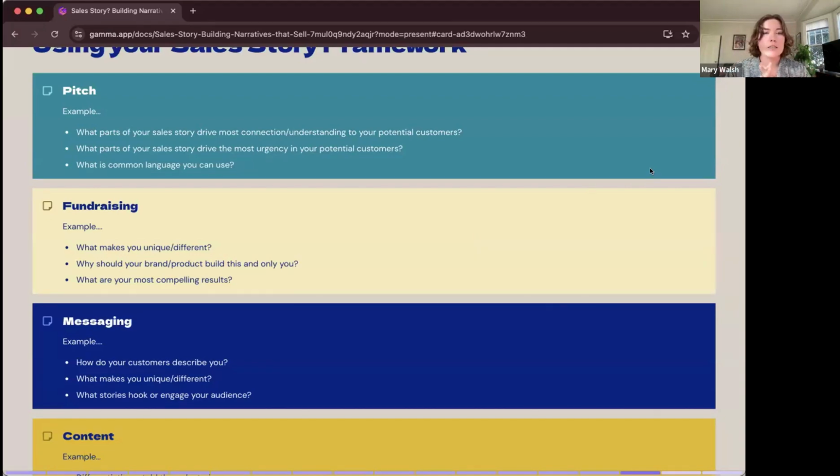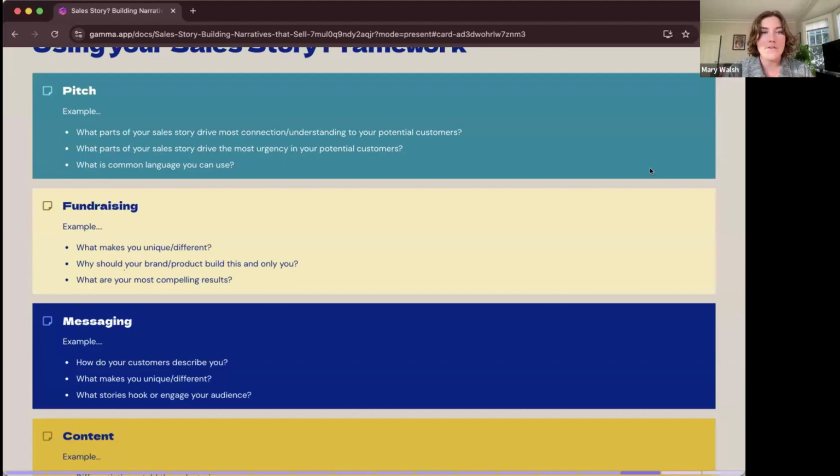When I think about translating a story into a pitch, there are a couple of things that are going to be really important. Establishing connection and understanding with your customers: what stories are going to connect with them? And a huge part of sales is what stories are going to drive urgency.